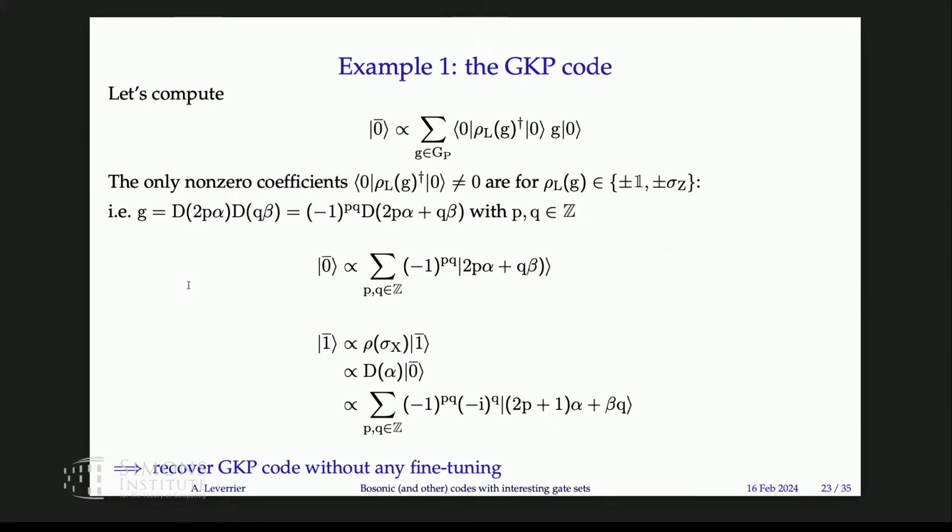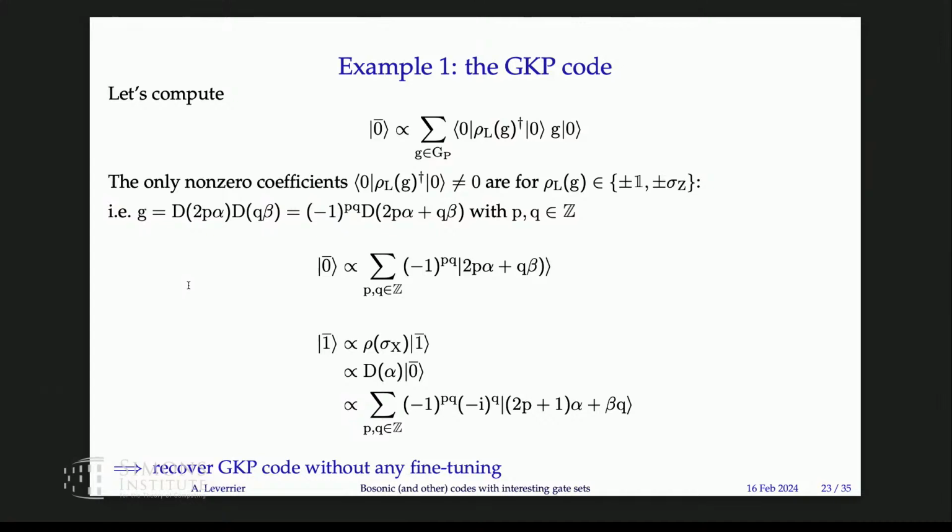And so you have the encoding formula given before, where the logical state is 0 and the physical state is the vacuum state. You have this formal sum that you can compute. You need to look at which are the non-zero elements, and they only appear when rho L of G is plus or minus identity or plus or minus sigma Z. You can work it out, and it's not very complicated.